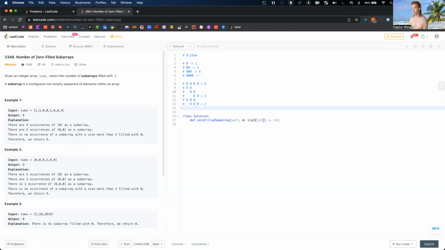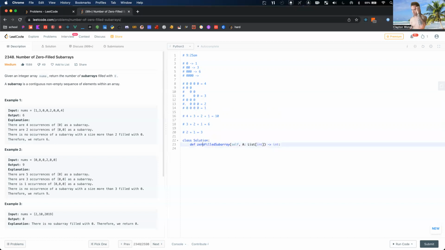So there's 2. And then there's one of size 4. All right, so the formula is then 4 plus 3 plus 2 plus 1, which equals 10. Then for 3, it's 3 plus 2 plus 1 equals 6. 2 is 2 plus 1 equals 3.